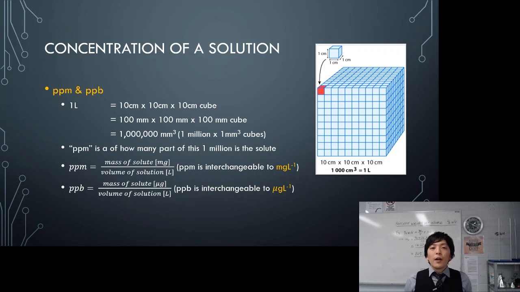If you divide 1 liter of water into 1 billion cubes, how many of that is a foreign substance? So parts per million is interchangeable with milligrams per liter. Parts per billion is interchangeable with micrograms per liter. All right. That's really that.